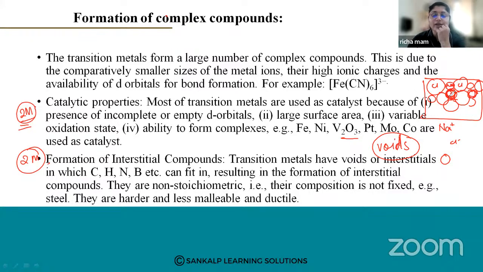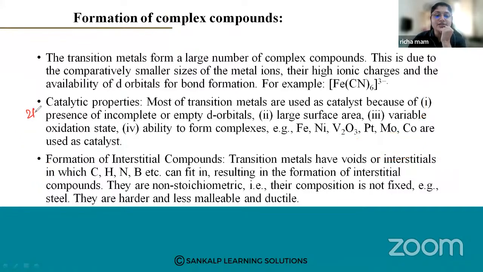Such compounds, where these small atoms like hydrogen, carbon, nitrogen get trapped inside the crystal lattice of these metals, are called interstitial compounds.